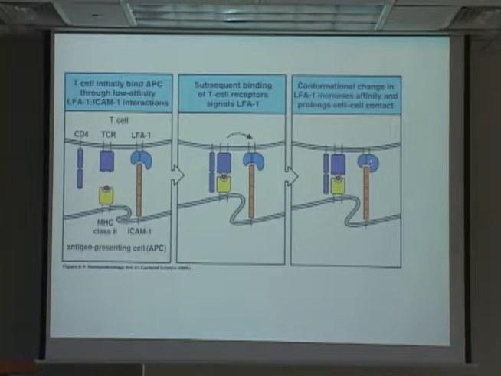And now it has high binding affinity for ICAM1. So that means that when the T cell receptor is bound to this peptide linked to MHC, and then you've got the signaling here, now this high affinity LFA1 ICAM interaction stabilizes that interaction, and in conjunction with a whole variety of other co-stimulatory molecules, you have an effective synapse formation.